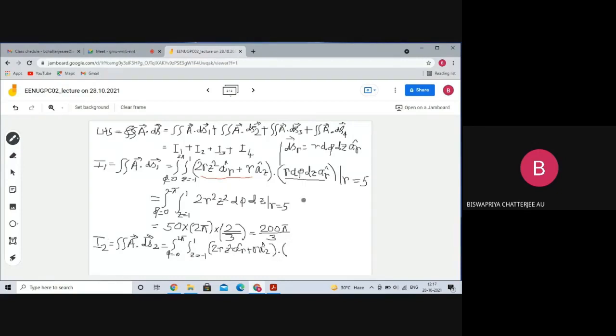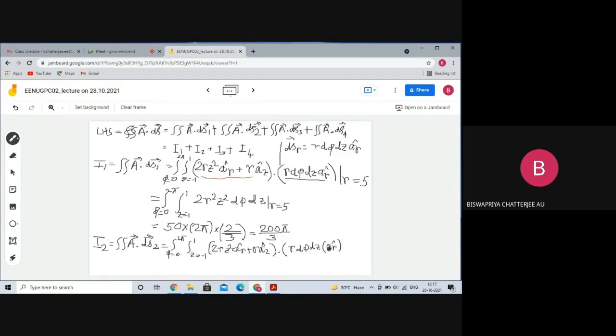Now if I put dS, a slight change will be there: r d phi dz. In this case, it will not be ar cap, it will be minus ar cap. Why?